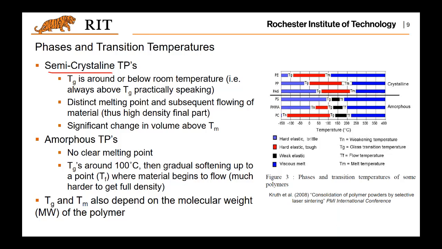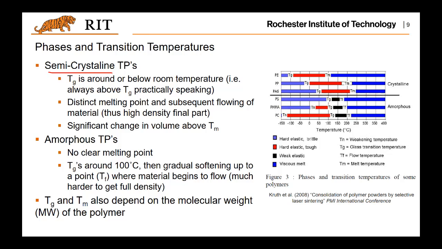After the glass transition temperature, the amorphous thermoplastic will gradually soften up to a point at which the material begins to flow. This temperature is usually represented as TF, which is the flowing temperature.